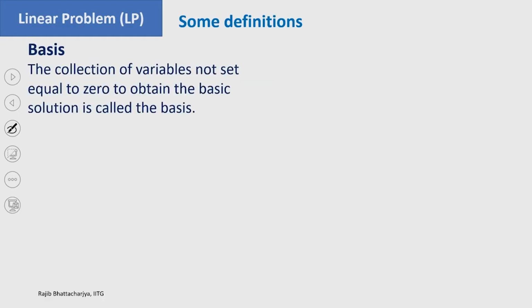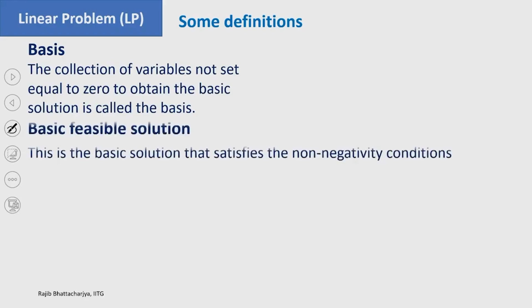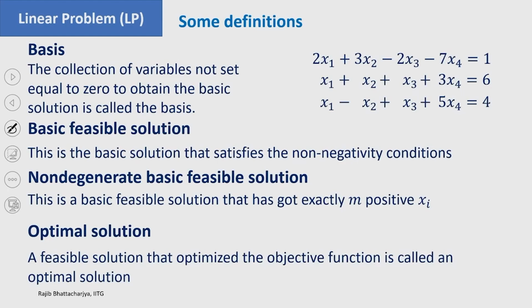Now, what is basis? The collection of variables not set equal to 0, to obtain the basic solution, is called the basis. In the example problem we have taken, suppose we put x4 equal to 0 and x1, x2, x3 are not 0.